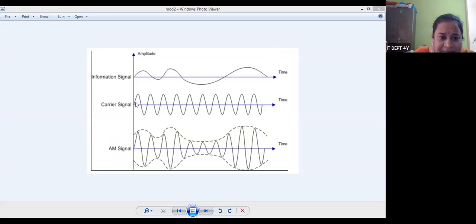And this carrier is going to be changed according to the modulating signal. Our carrier is like this. Internally the carrier is like this, and this carrier is modulated by superimposing our modulating signal.